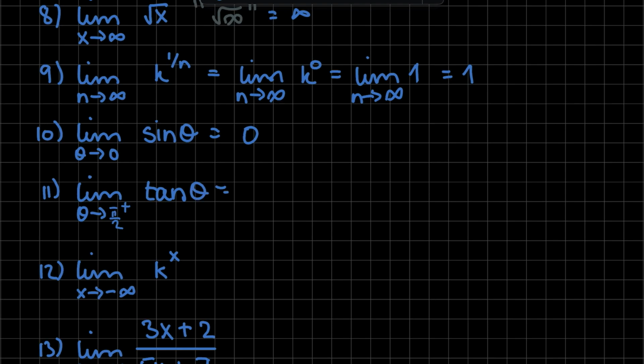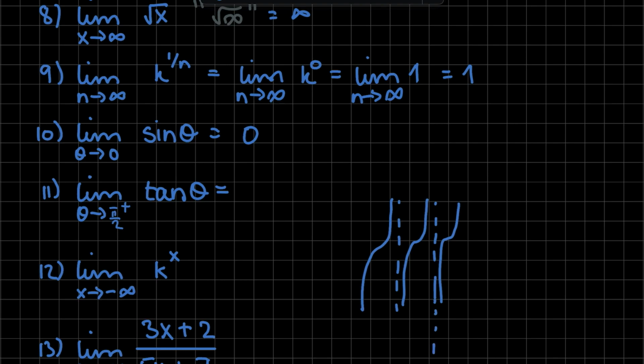And same for the next one. So we have the limit as theta tends to pi over 2 plus of tangent theta. It's been specified that we're approaching pi over 2 from the right side. So if we were to draw the graph of tangent of theta, it would look something like this, where we have asymptotes.